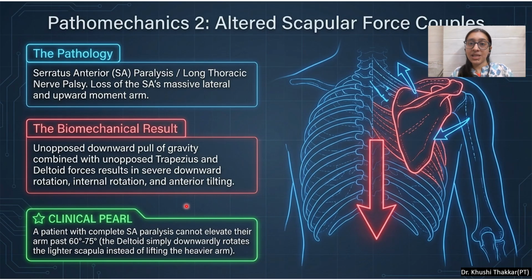But now, since serratus anterior stability is not present, instead of moving the whole huge humerus, which is heavy, into abduction, the muscles will try to move the scapula, which is light in weight, into a downward rotated movement, and this will cause the downward rotation of the scapula instead of lifting the heavier arm. So abduction will happen only to 60 to 75 degrees by reverse muscle action of the deltoid.